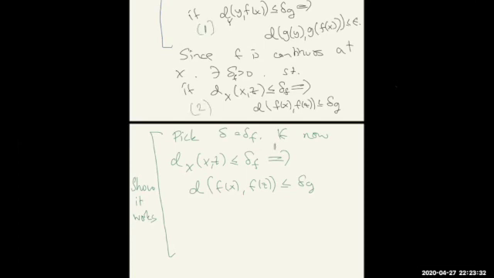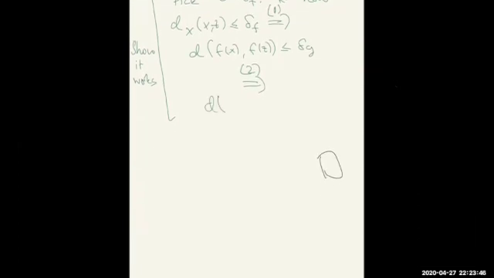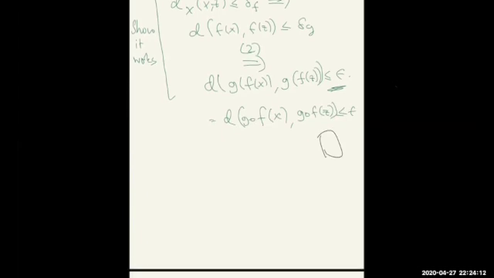So here we use 1, and then by 2, since this point is close enough to that point, we can compose with another function. So the distance between g of f of x and g of f of z is at most epsilon. And this is what we wanted. So the distance between g composed with f of x and g composed with f of z is less than or equal to epsilon. Okay, so compositions are continuous. Any questions?